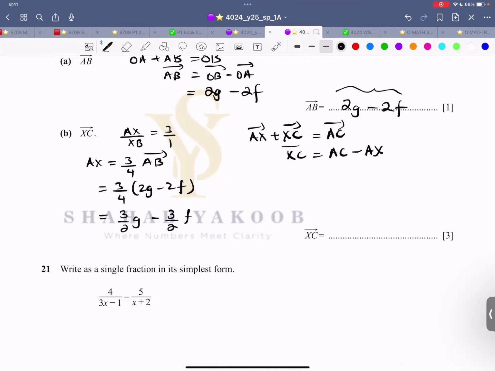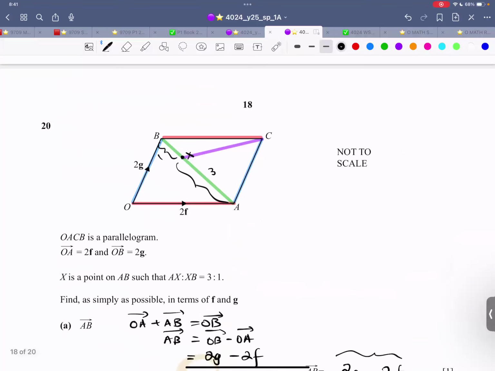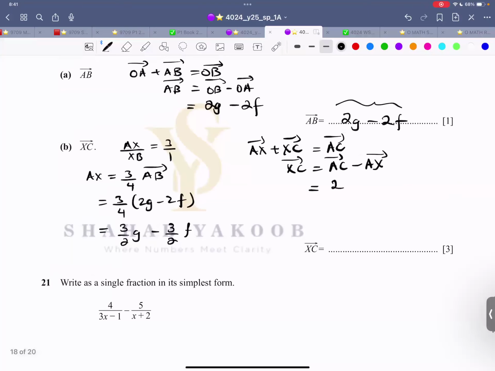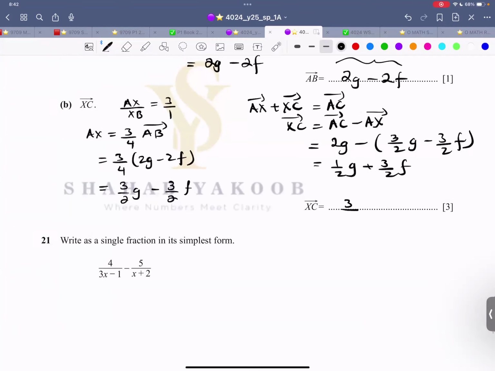Arrows all along, that is a must. So AC is how much? AC is the same thing as OB, which is 2g, minus AX. That is 3 over 2 g minus 3 over 2 f. 2 minus 1.5, that is half g. Minus minus becomes a plus, that is 3 over 2 f. So I think the answer should be 3 over 2 f plus half g. I'm writing f first and then g.